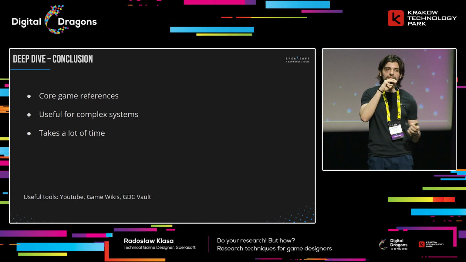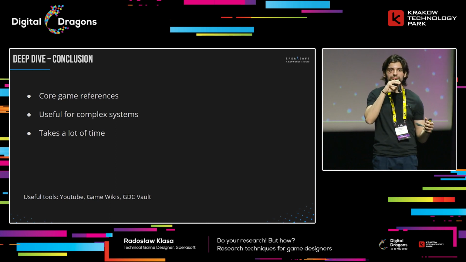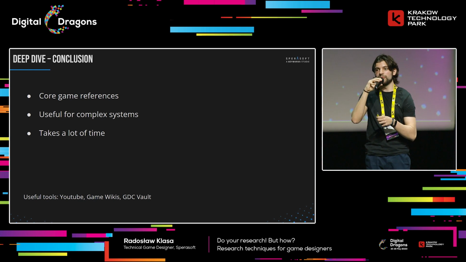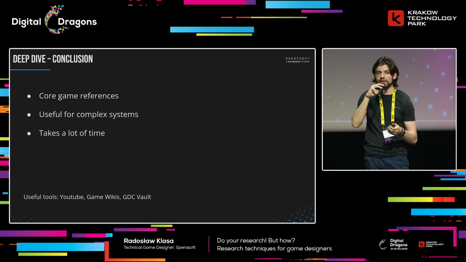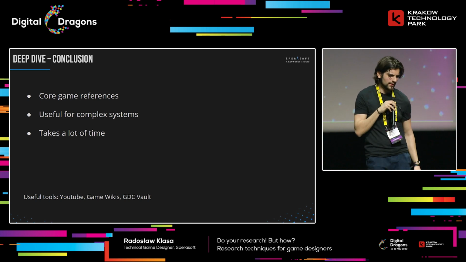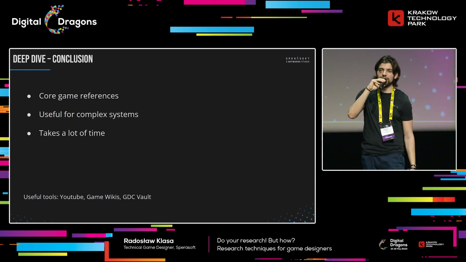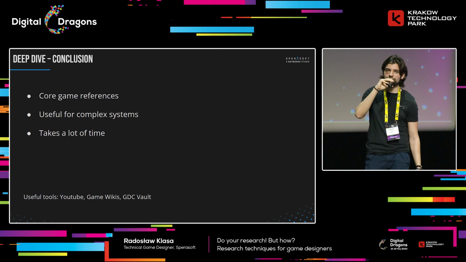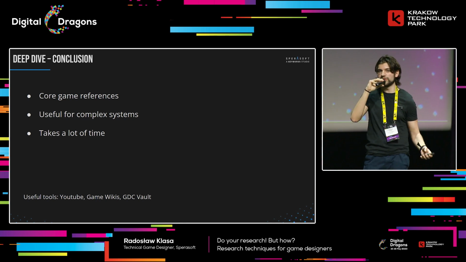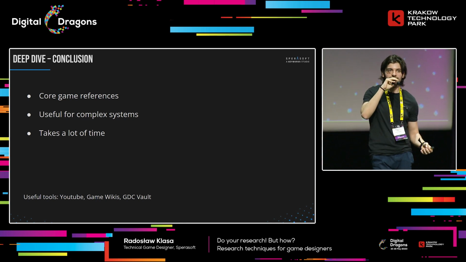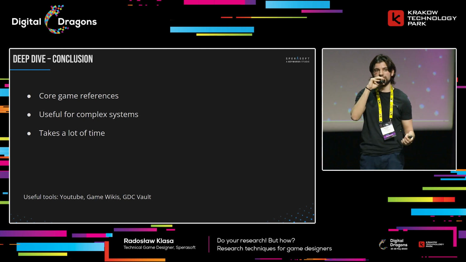It will be really useful for us if we find some really interesting mechanic that is going to be used in our game and we want to find out how it works. The drawback is that it takes a lot of time for the designer to gather all the information, especially if we are going to take all the animations of a game, see how long they take, and balance this stuff.